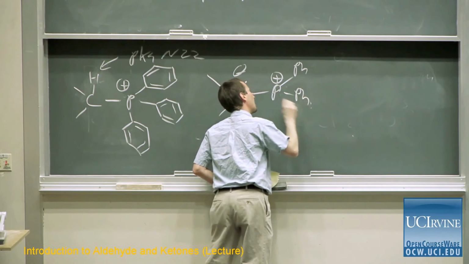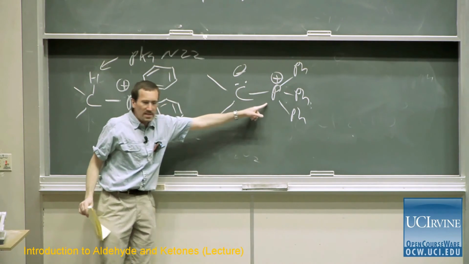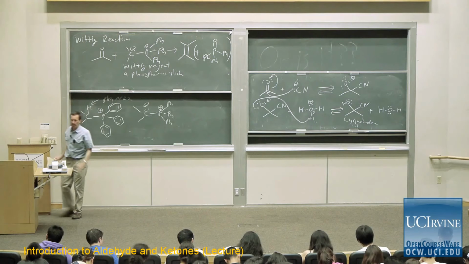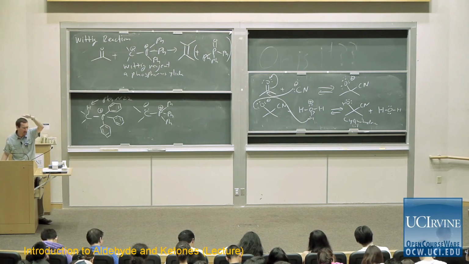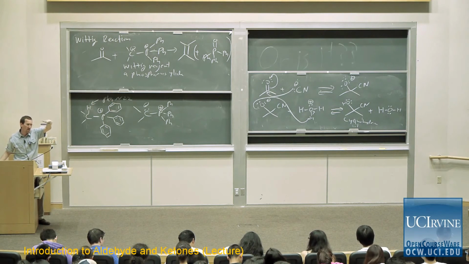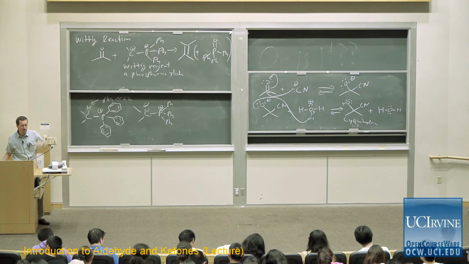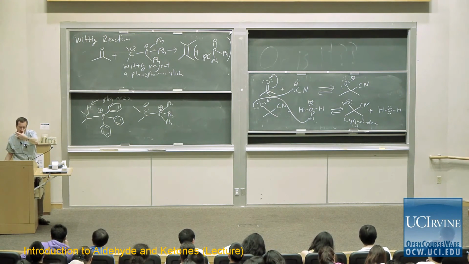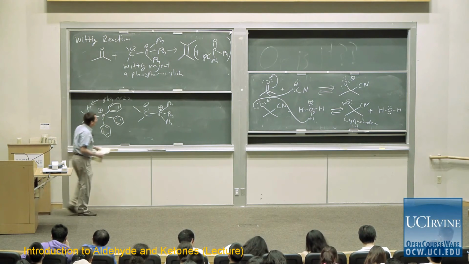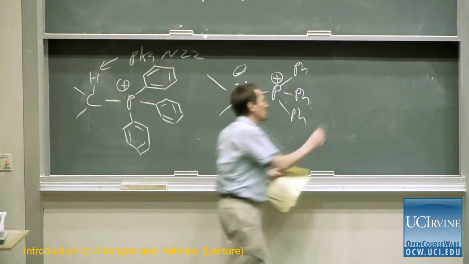Ph, Ph, Ph. The other thing that's specially stabilizing about phosphorus is that it's in that row of the periodic table. It's down a row from carbon and oxygen and nitrogen and fluorine. It's in the row of the periodic table where you can invoke d electrons, where you have d orbitals. And so we can write a resonance structure that has more than 8 electrons around the phosphorus.